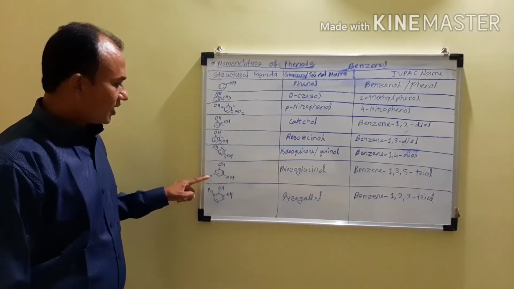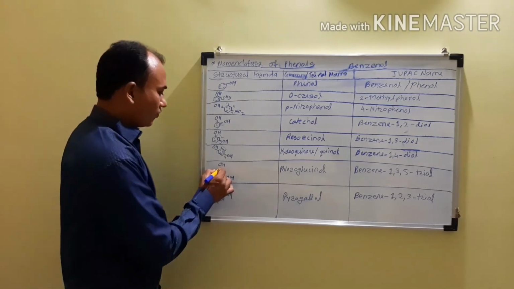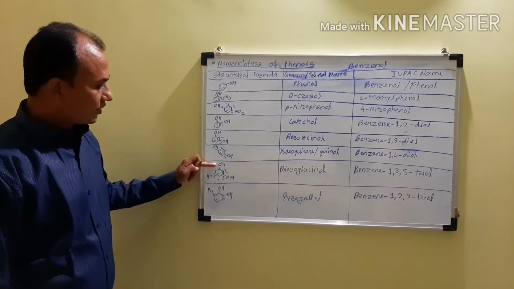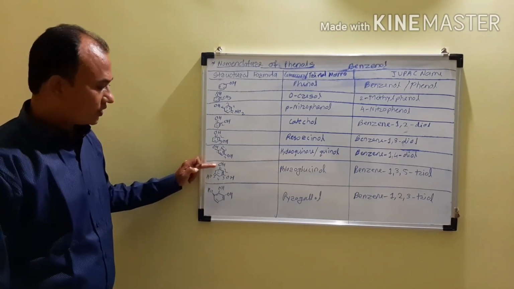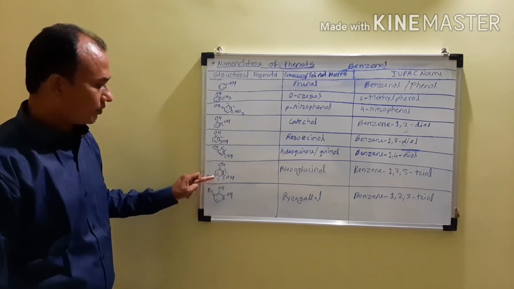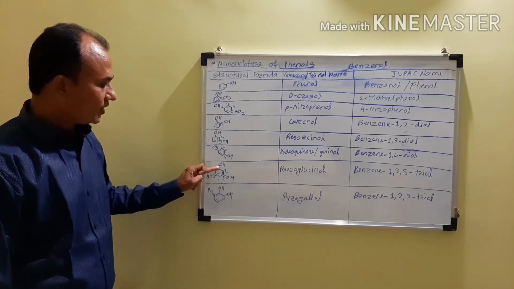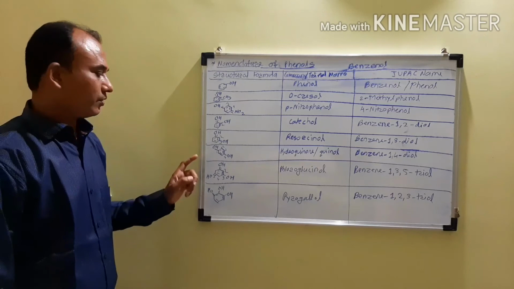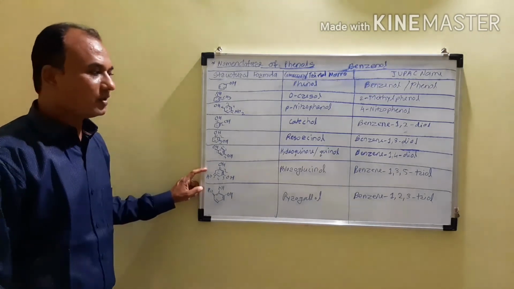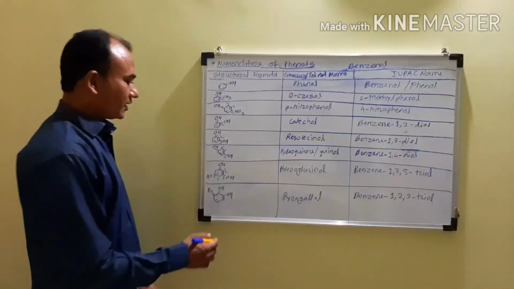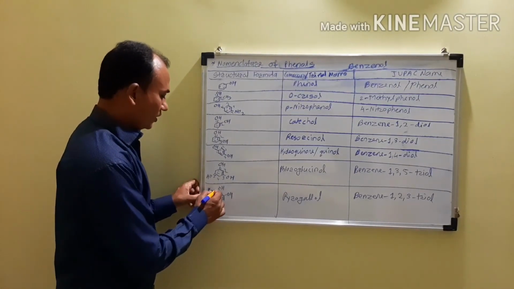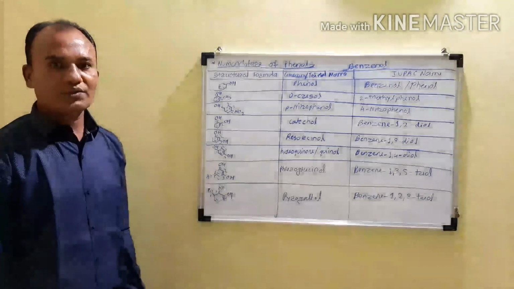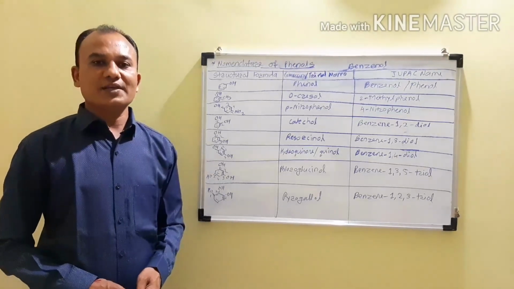Then there are 3 hydroxyl groups, so it is a triol. Numbering 1, 2, 3, 4, 5, the hydroxyl groups are attached to the first, third and fifth carbon atoms, so it becomes benzene-1,3,5-triol. With 3 hydroxyl groups we write the prefix tri, so the name of this compound is benzene-1,3,5-triol. In the last case, positions 1, 2 and 3, it is also a triol, but it is benzene-1,2,3-triol. In this way, you have to give the IUPAC names to phenols.